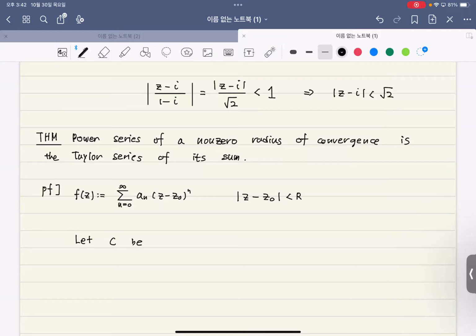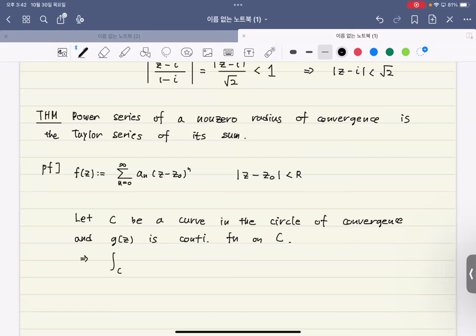For any curve in the circle of convergence, and g is any continuous function on this curve, then if you integrate g times the function defined by the power series, it is the same as the sum of the coefficients times the integral of g times z minus z0 to the n dz.